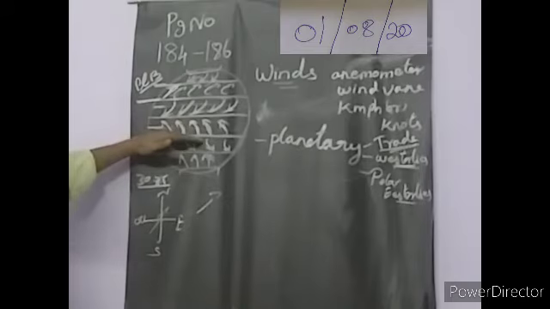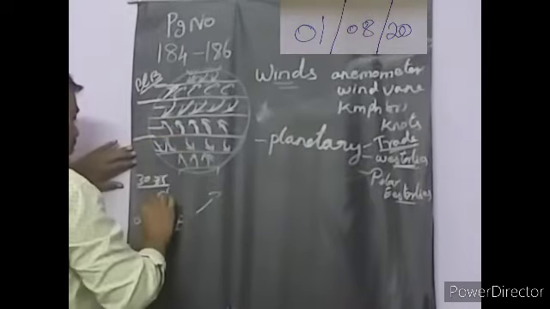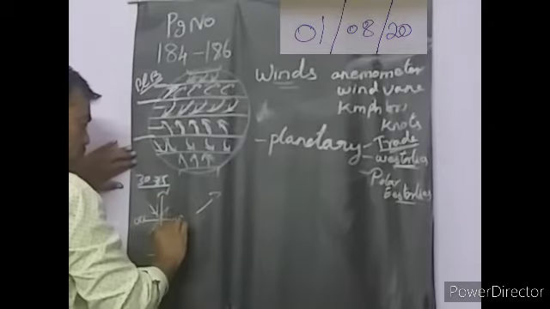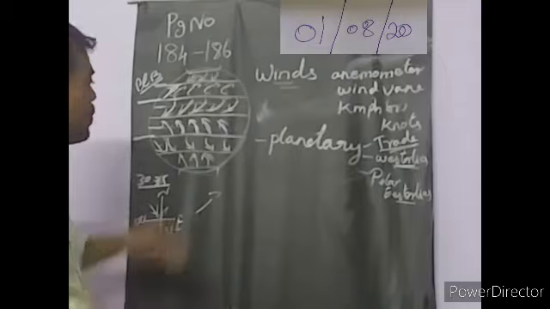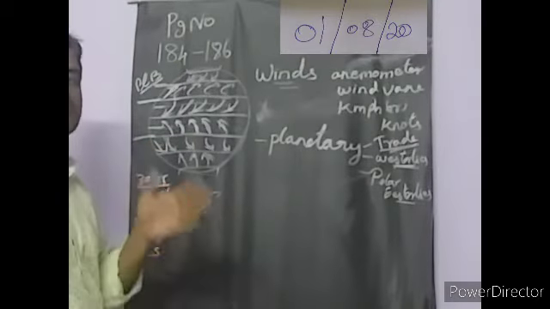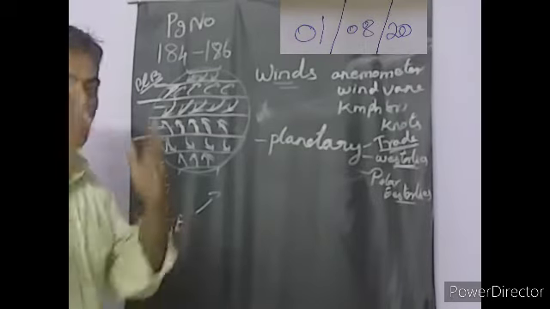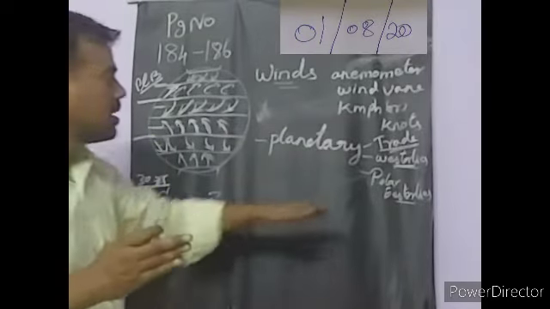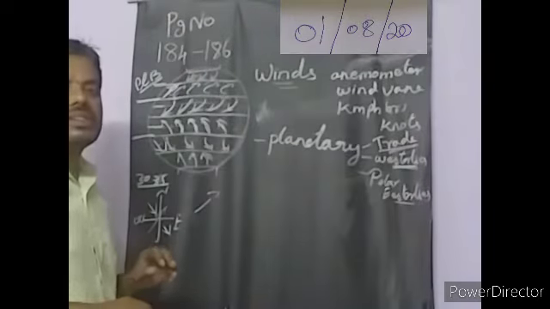In the southern hemisphere it travels from the northwest to the southeast. In both hemispheres, the wind that blows from the subtropical high pressure belt to the polar low pressure belt is called the westerlies wind.